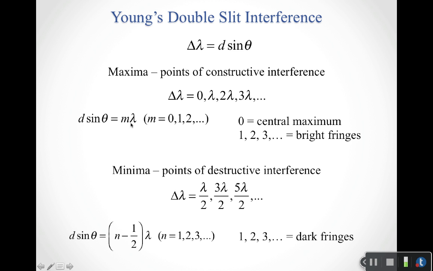Or I can have problems where I'm given particular types of interference, either maxima or minima, and then use those points to figure out what's going on, say either with the separation between my slits or, using my tan theta equals y over L, the location of things on the screen. So those are fundamentally how we're going to end up working with our double slit interference problems.